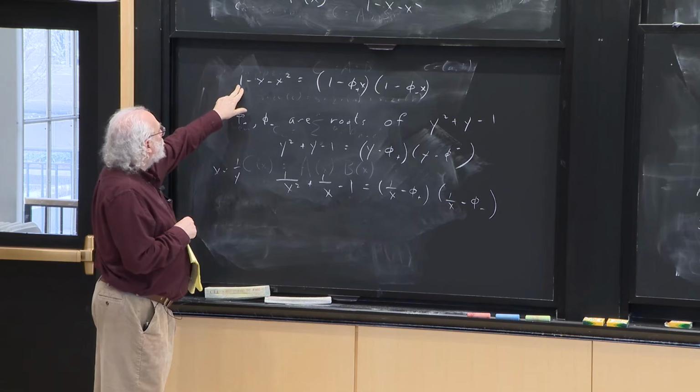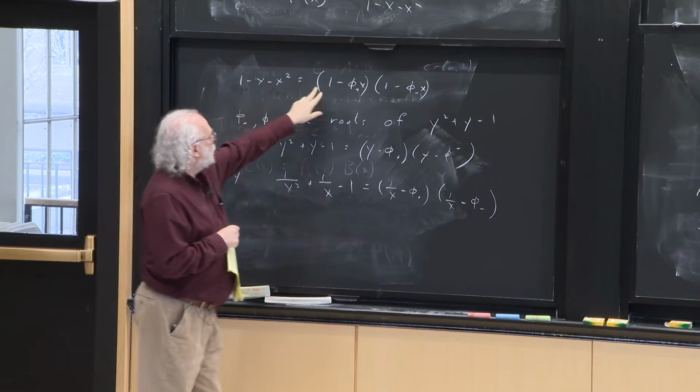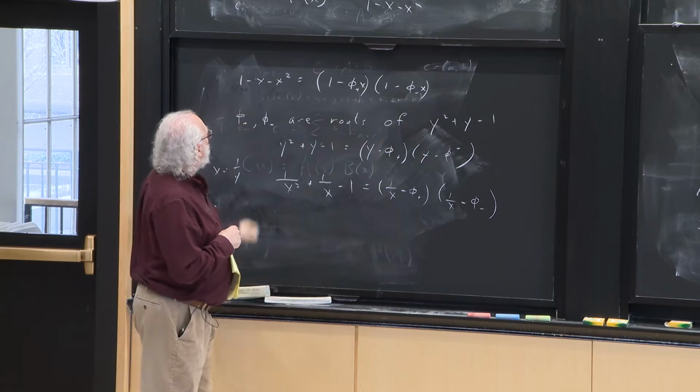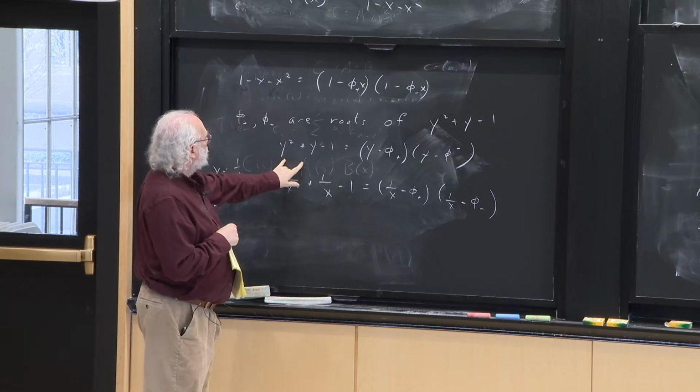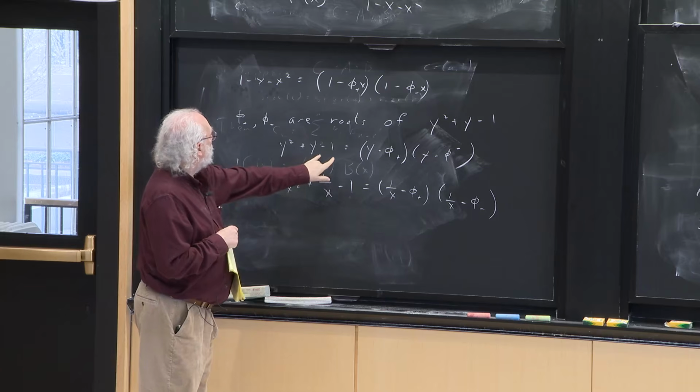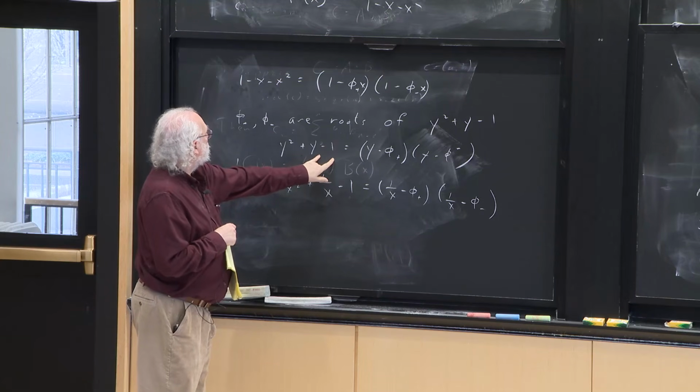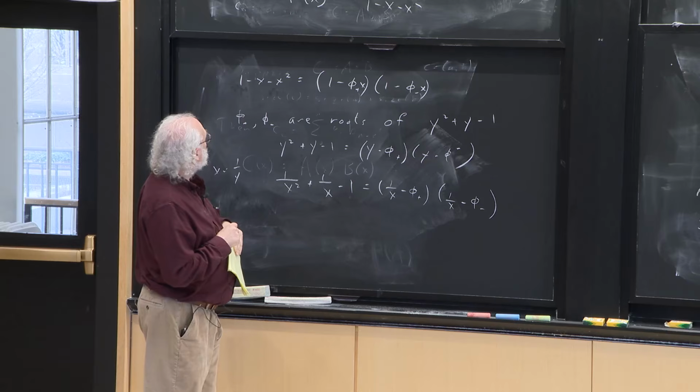Let me think about this. So we want 1 minus x minus x squared equals, okay, and now we want y squared plus y.